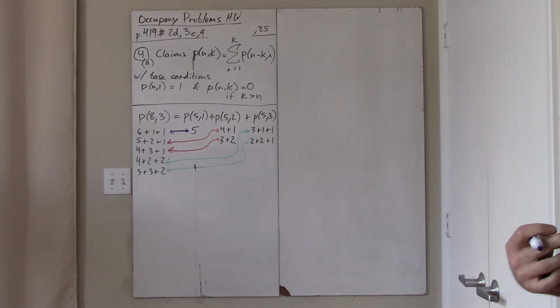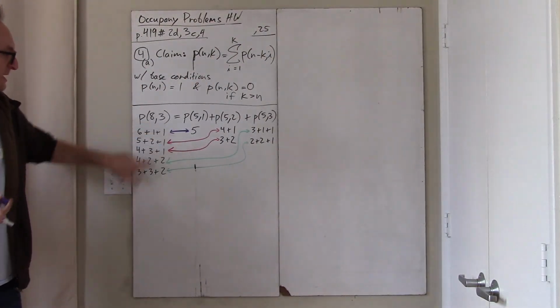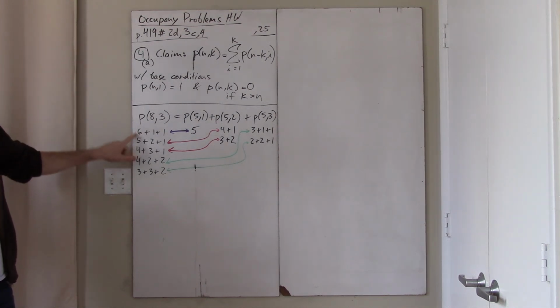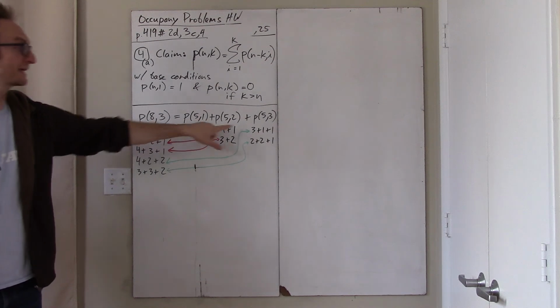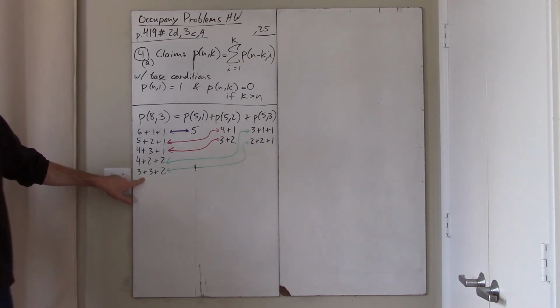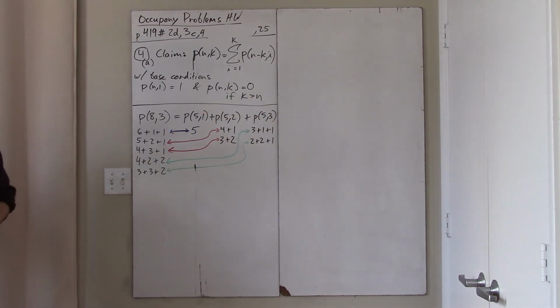If you think of the 5 ways there are to split the 8 puppies up into the 3 piles, if I remove one puppy from every one of these piles, then what I arrive at is precisely the piles of puppies on the right. But here the piles are not allowed to be empty, but over here they are allowed to be empty, so to speak, because you can have fewer than 3 piles.